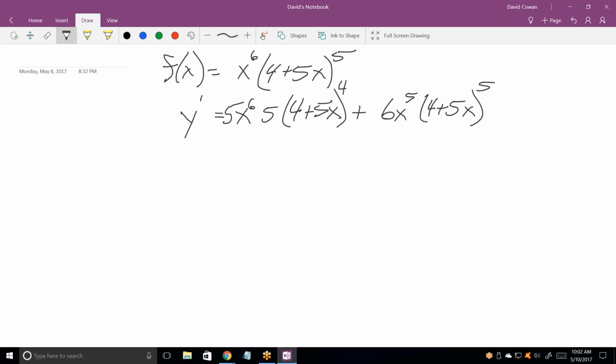Now, there's a little bit of simplification. You'll notice there's some factoring that could be done if there was a reason to do it. I could take out at least 4 plus 5x to the fourth from both of these terms. But there's no need to do it because there's no denominator, as opposed to when you use the quotient rule.